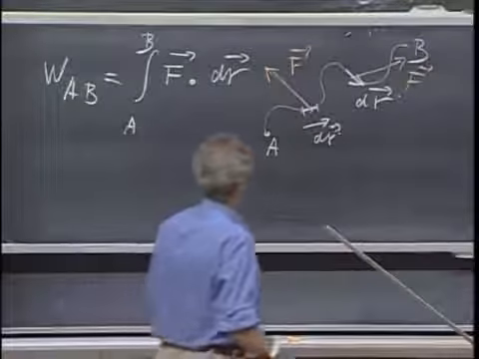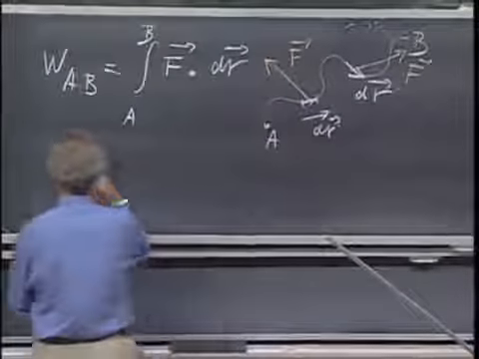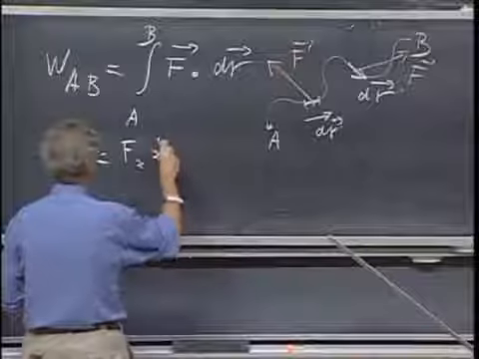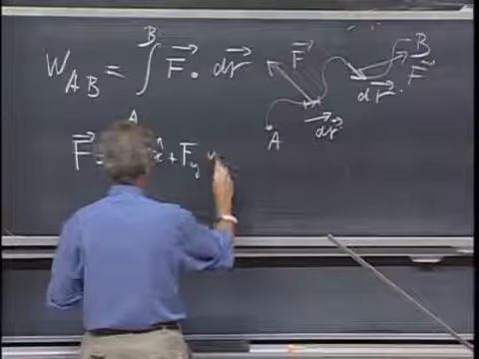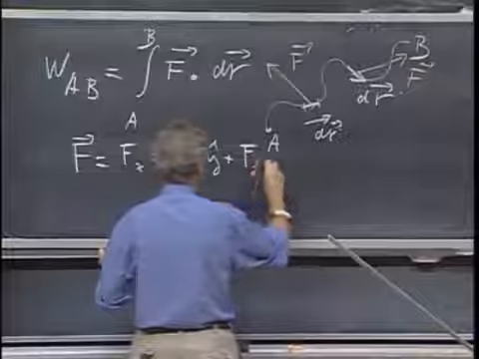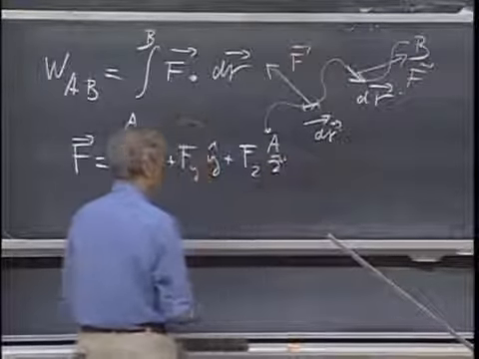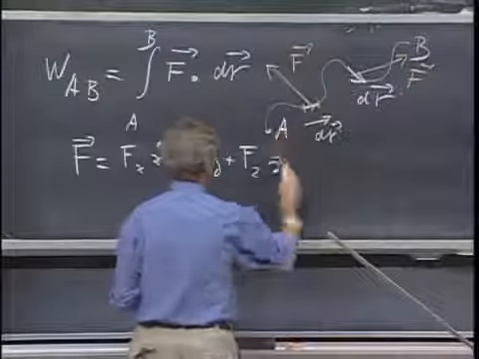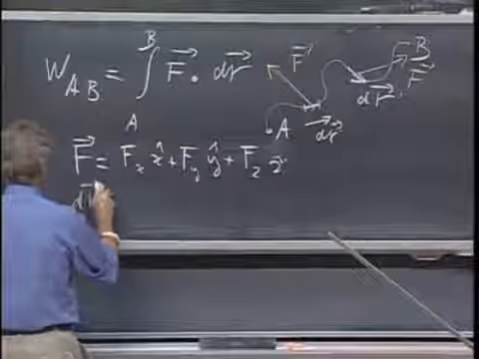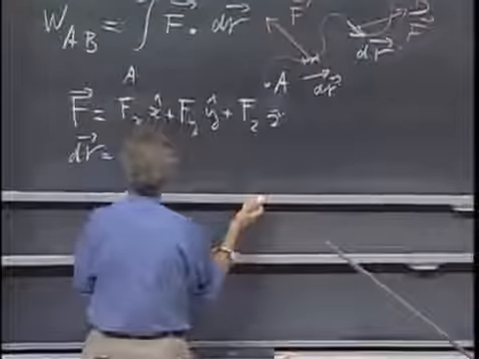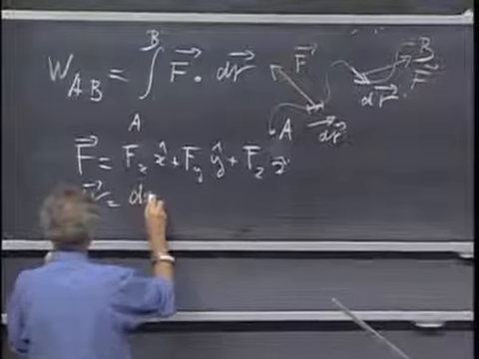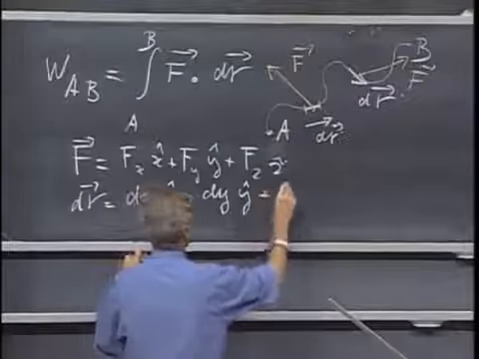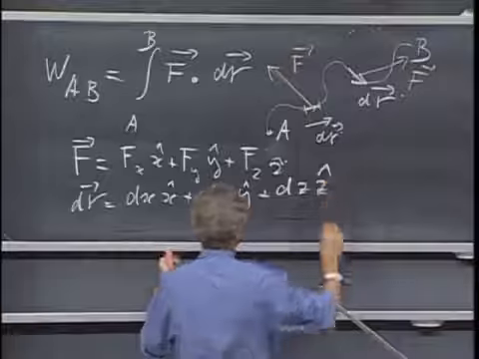So let the force be f of x, x roof, plus f of y, y roof, plus f of z, z roof. I'll move this up a little, put it here. And let dr, the general notation for vector dr, equal dx, x roof, plus dy, y roof, plus dz, z roof.